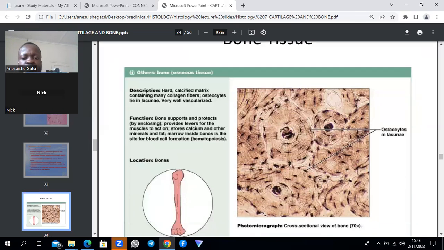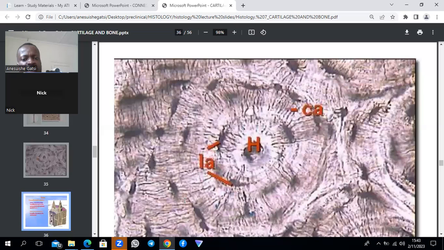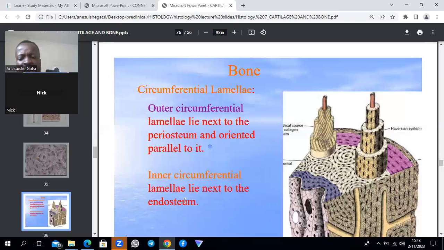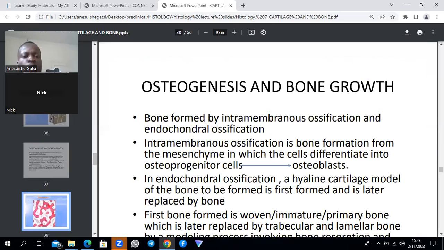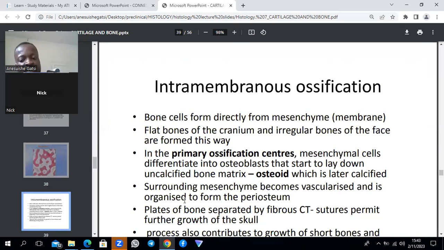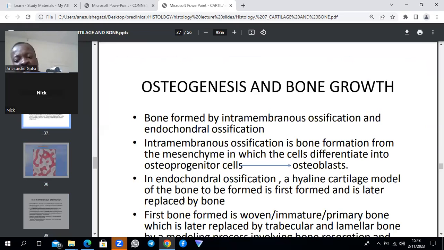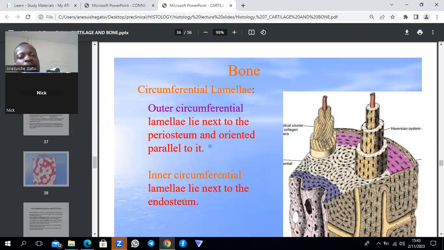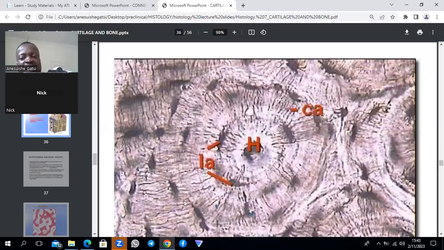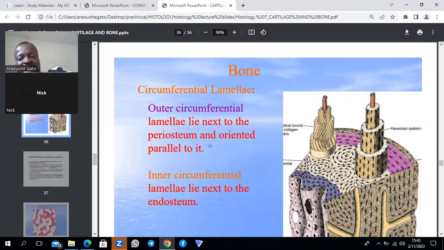So maybe this is not a good picture, but microscopically, we have what we call mature bone, then we have what we call immature bone. Immature bone is this woven bone, but mature bone is what we call lamellar bone. I'm sure you've seen a tree before. It is lamellated.